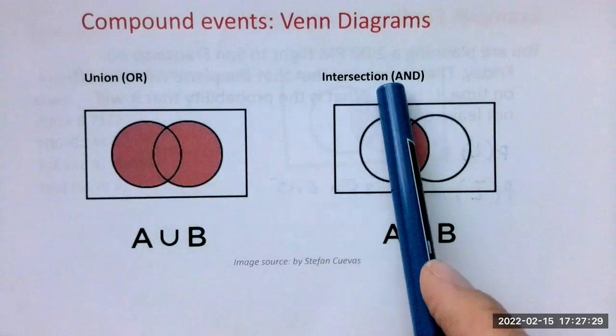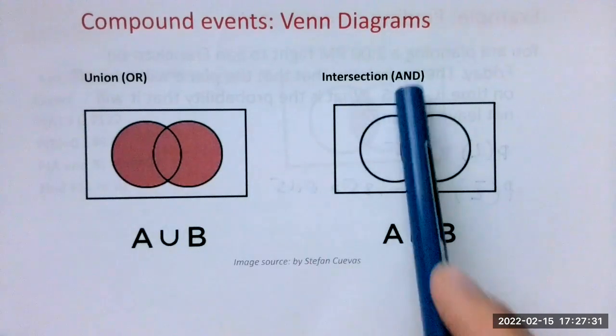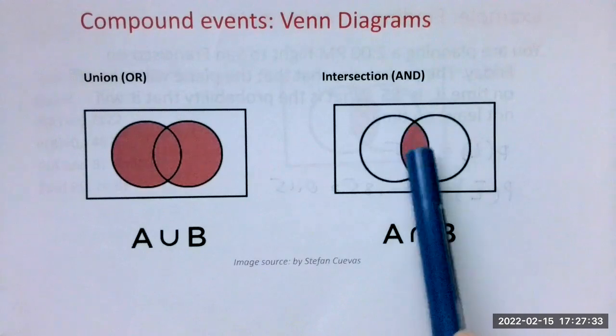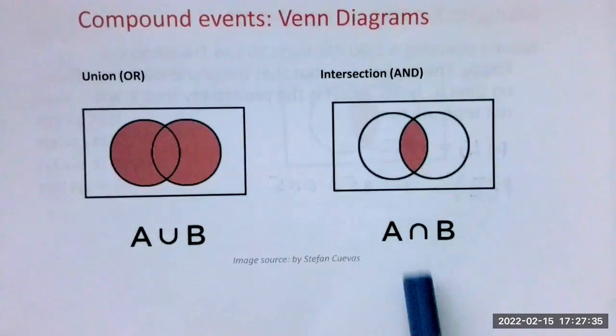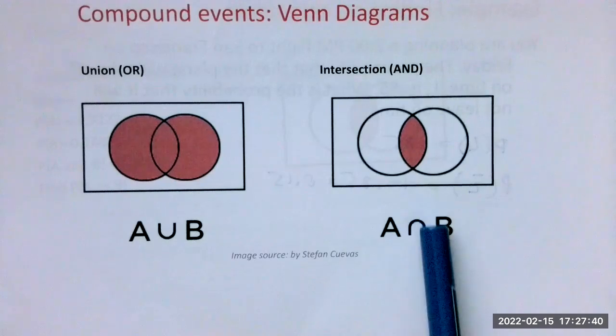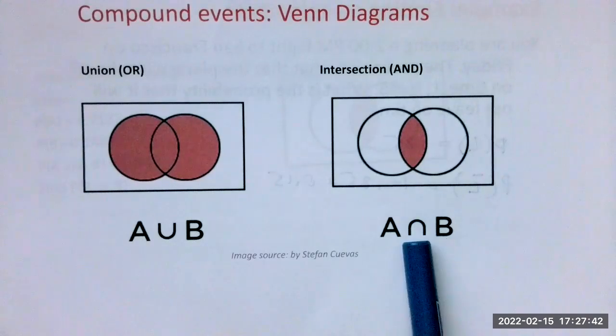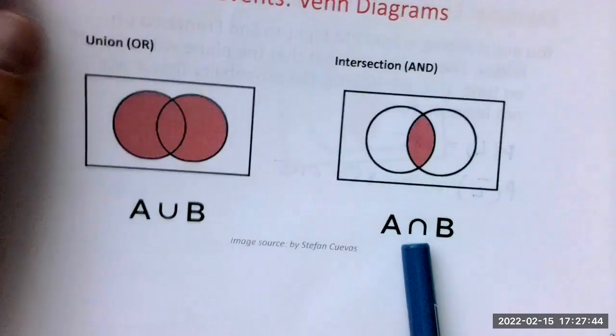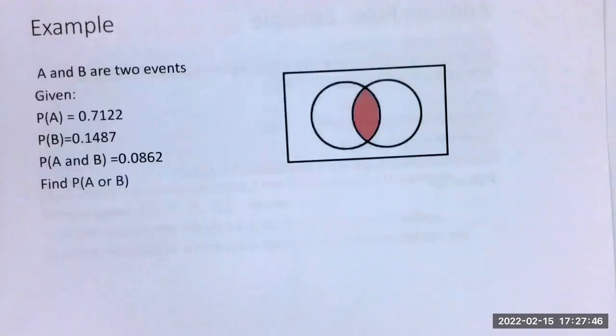Now, intersection, or "and", means the area where the two events overlap, and it's denoted by this upside down U shape. That's the intersection of event A and B.